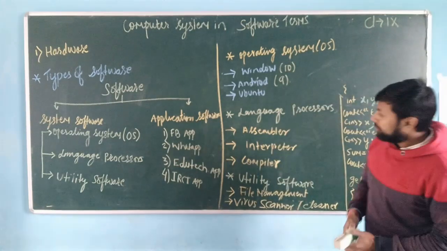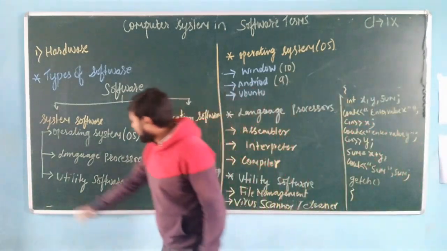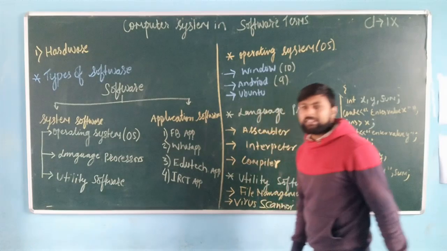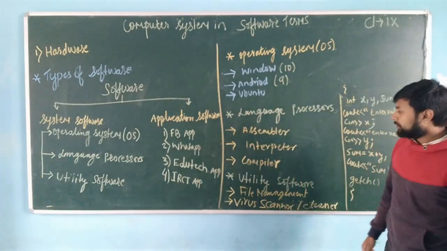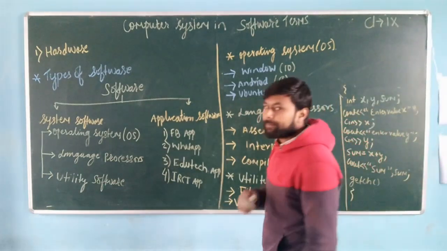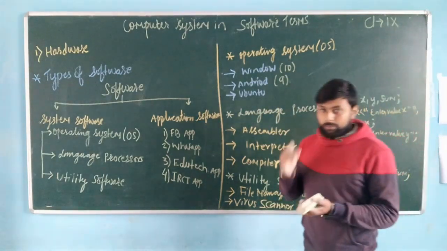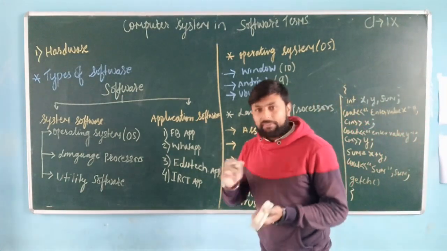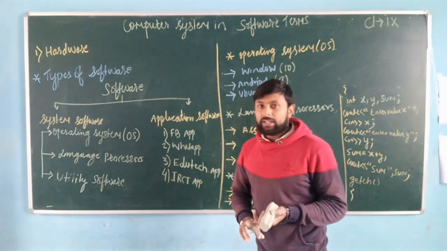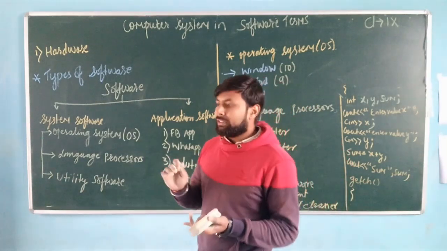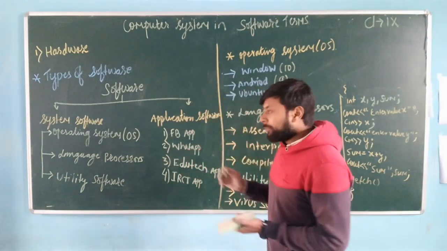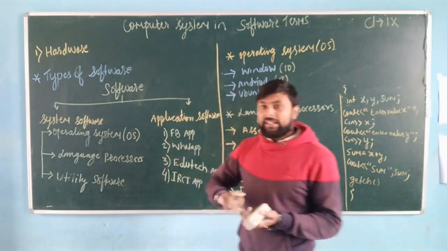Now come to the third part, that is utility software. What is utility software? Utility software is a system software because it manages the files inside the laptop. Whenever we insert a pen drive, it will automatically scan the pen drive and detect viruses.